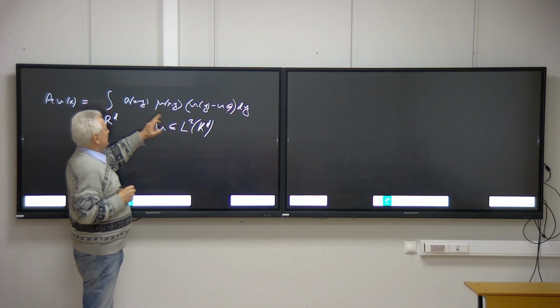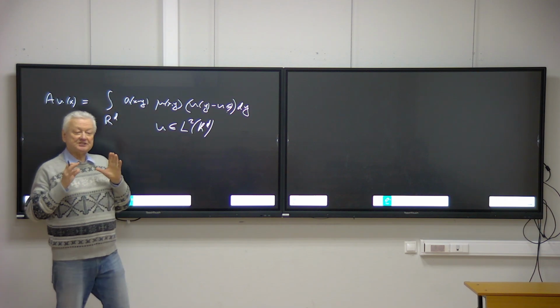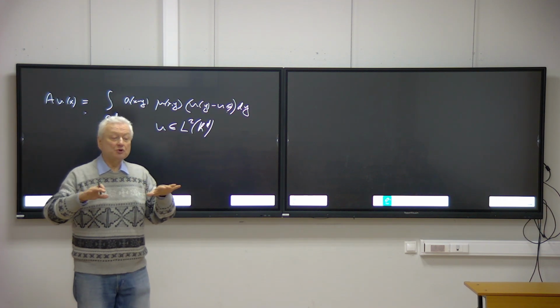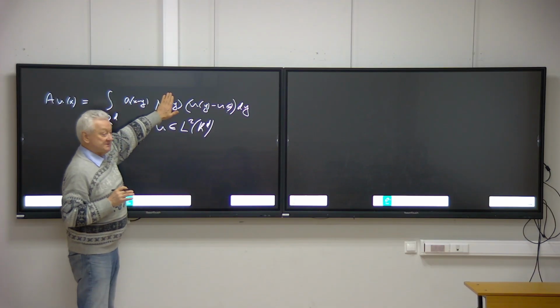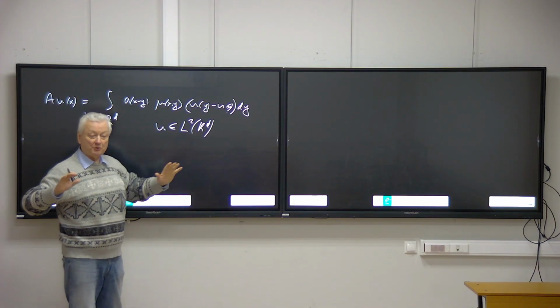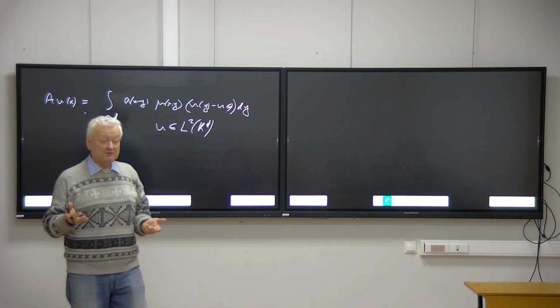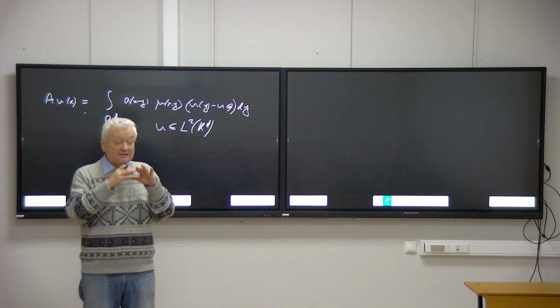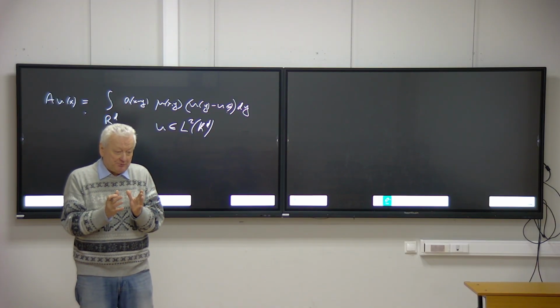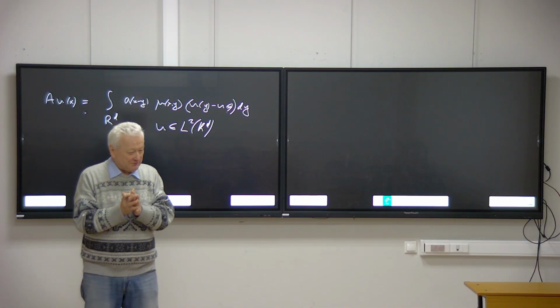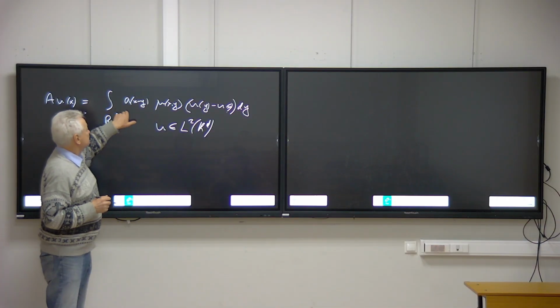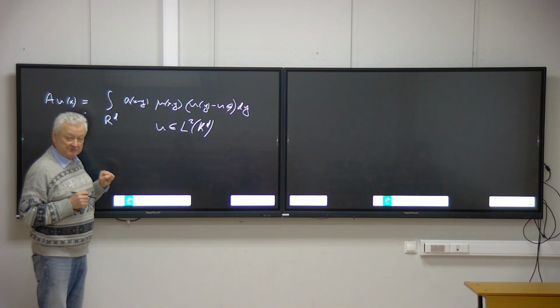Mu is a coefficient which is responsible for local characteristics of the media. Because if we remove this mu, if we assume that mu is equal to 1 or any constant, it will be a pure convolution operator. And then the localization property of this operator, how close in a sense it is to a local operator, depends on the localization property of this kernel.